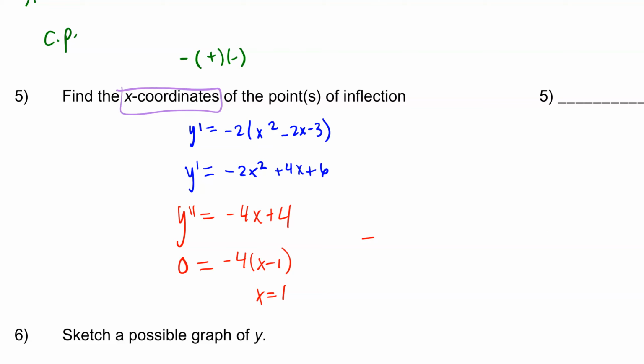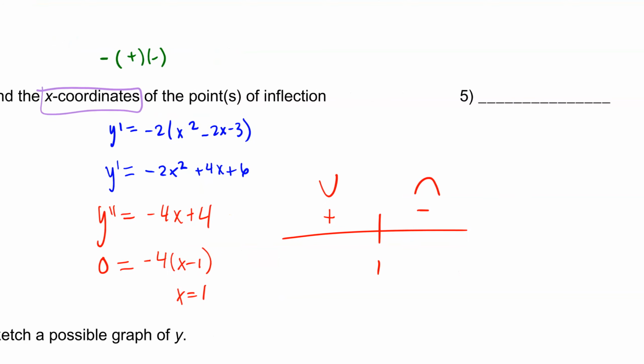So x equals 1. Two things are required to be a point of inflection: the second derivative has to equal 0 at that x value, and you have to have a change of concavity. If I plug in 0, it's positive. If I plug in 2, that's negative. So I do have a change of concavity. This is definitely a point of inflection, at x equals 1.